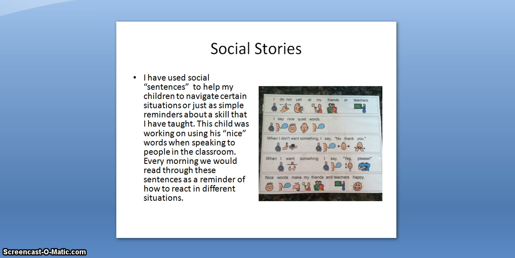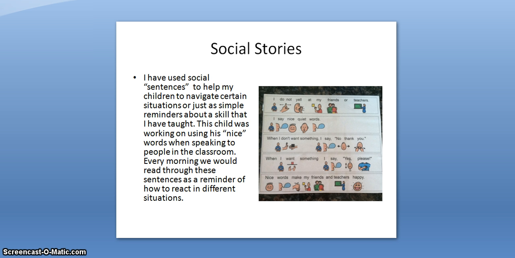Another example of social stories that I have used in my classroom are sentence strips. This happens to be for that same child who has difficulty when it becomes someone else's turn, or when he's asked to do something that he doesn't want to do, or if he doesn't want to leave another situation that he's already in. So these were sentences that we reviewed at the beginning of the day.